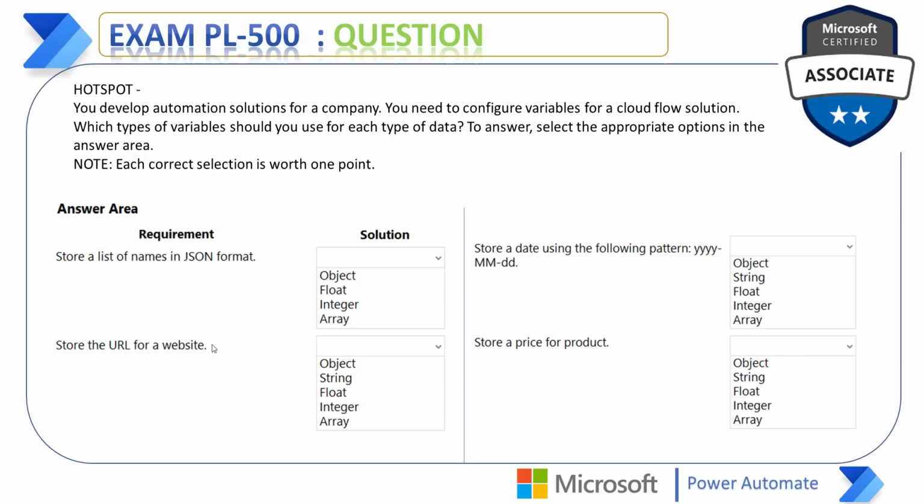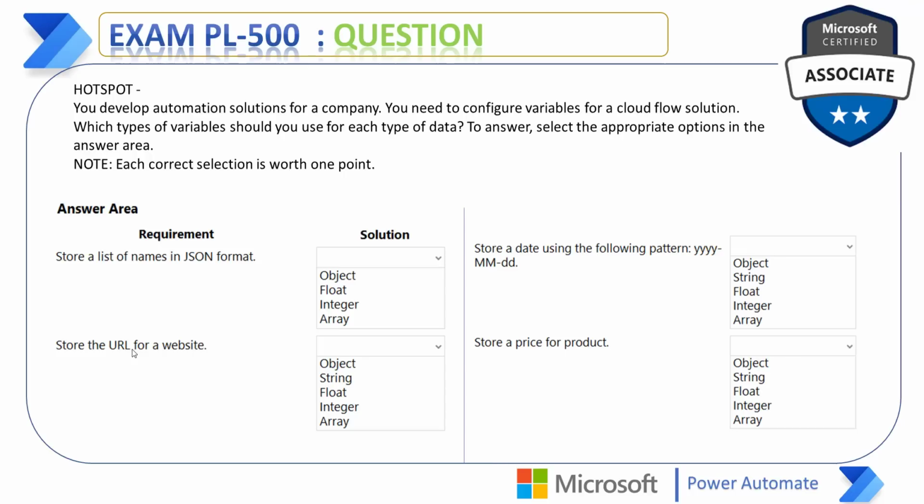Okay. Now the second requirement: I'm going to store the URL for a website. Whenever you want to store a URL, you are going to use the data type string because it contains characters, letters, and many more, right? So we are going to use the URL in string format. What is string? String is a data type which has a sequence of characters, correct?